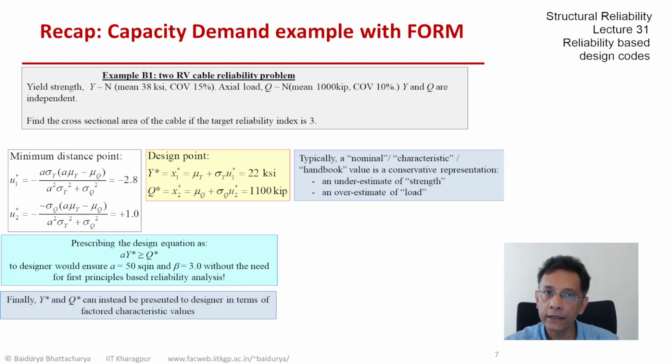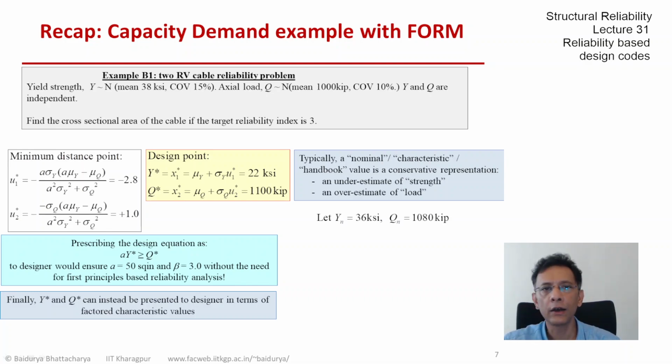If it's a strength type quantity, the nominal value is typically an underestimation of that, and if it's a load type quantity, it's typically an overestimation of that. We have done this sort of thing for concrete strength, for steel strength, and so on. So that is something we are already familiar with.